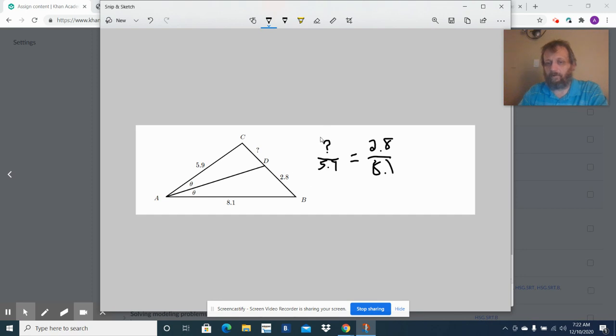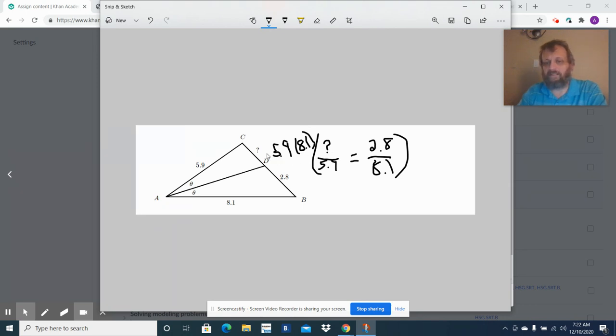And again, I'm going to multiply by my denominators. So I'm multiplying by 5.9, and my writing's getting worse. I'm getting lazier, times 8.1. Getting in a hurry instead of slowing down.